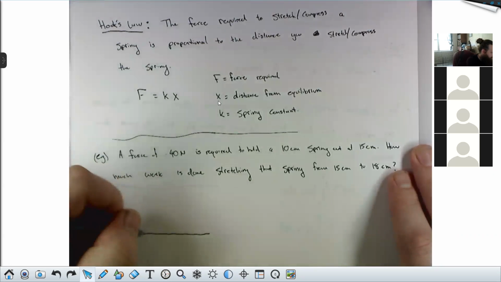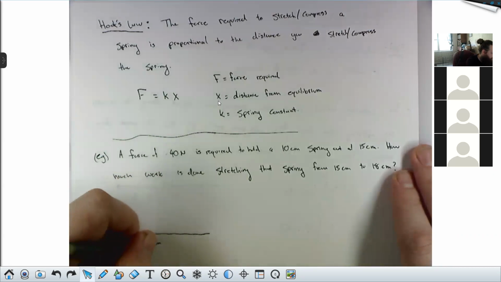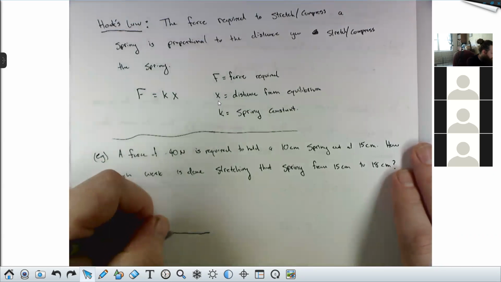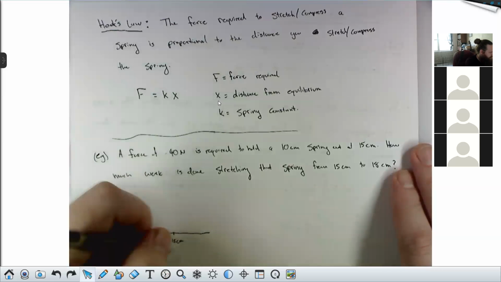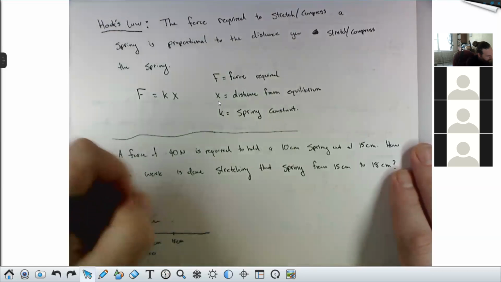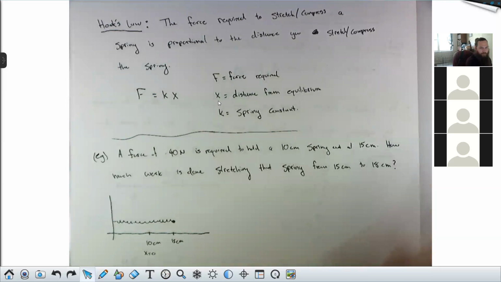In order to stretch my spring from its equilibrium, which is 10 centimeters, where it wants to be, which I'll call x equals 0, out to 15 centimeters, I have to be pulling with a force of 40 newtons to hold it there.